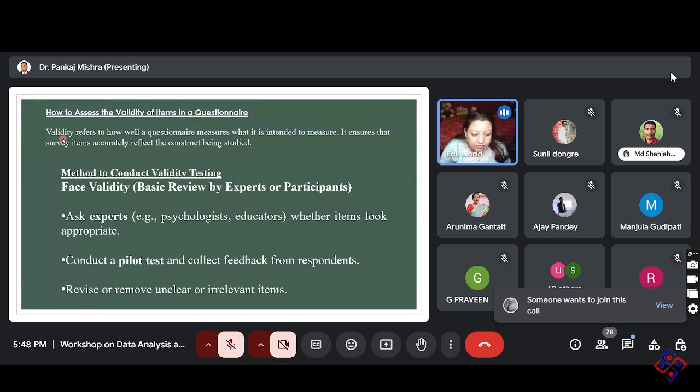So for expert validation we must visit at least 3 experts to check whether your tool is ready to use or not. Then you conduct a pilot test, and after it, whatever items are not serving your purpose or not matching your construct, you have to eliminate those items.